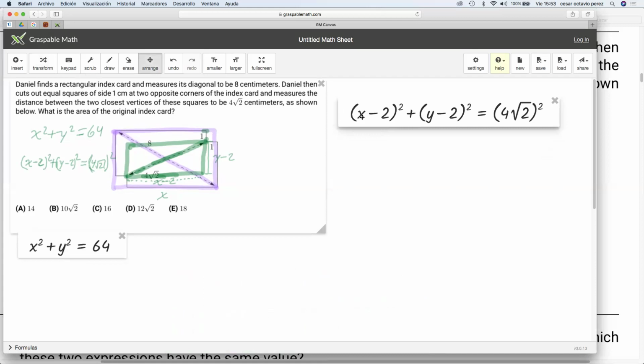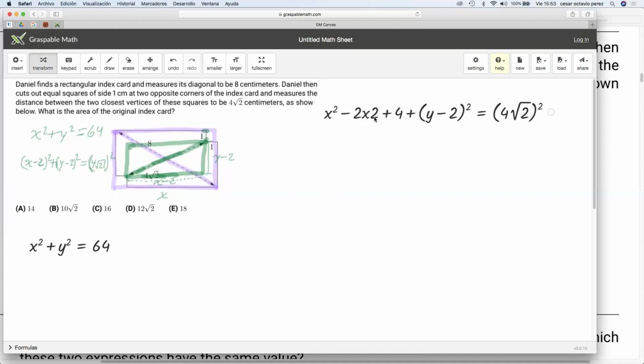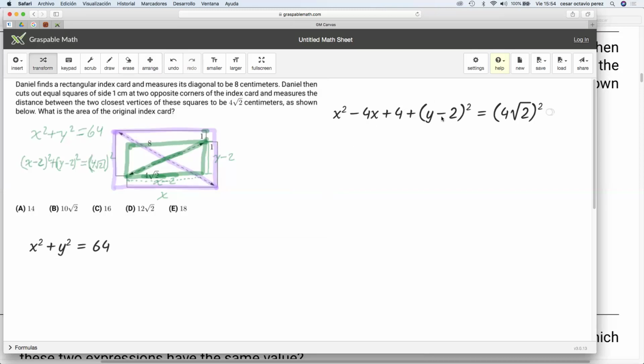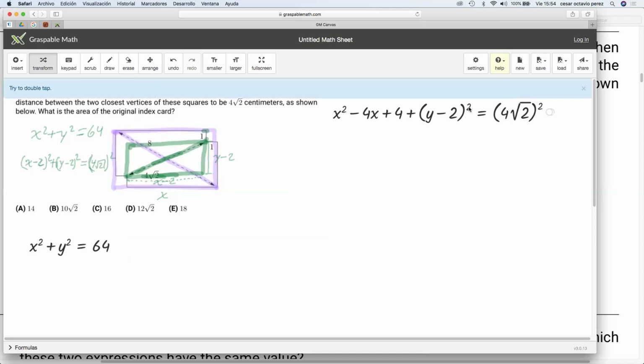So you already said that this is x squared minus 4 times x plus 2 squared. You're going to simplify. And this one? Y squared minus 4y plus 4.